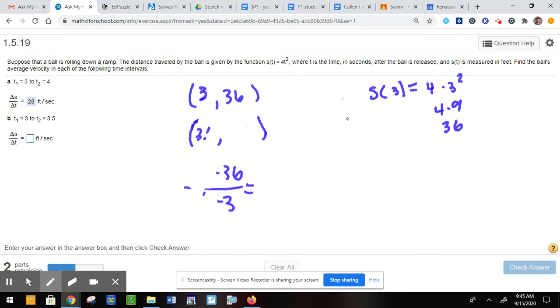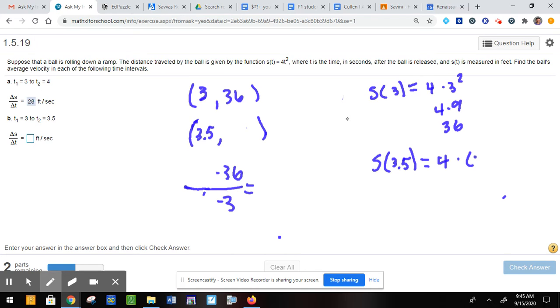Now the other t value is 3.5. So what is s of 3.5? That should equal, again, just substituting 3.5 into the function, evaluating the function for 3.5.